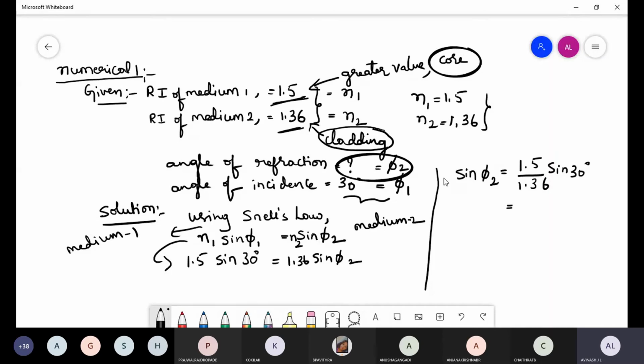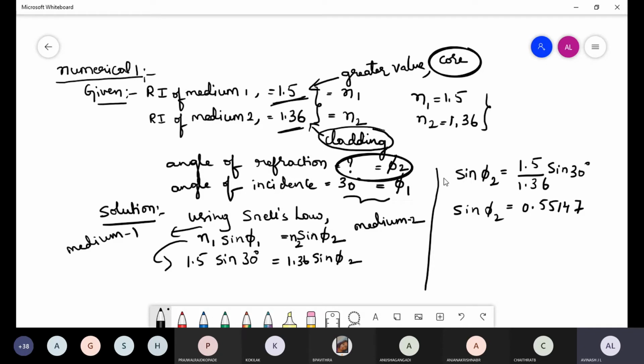In your calculator you can see what sin 30 degrees is, and if you take the multiplication factor and all, you will get sin phi 2 equal to 0.55147, like that you will get.